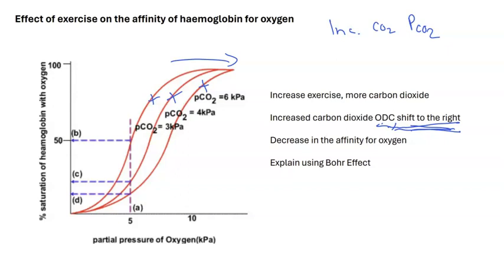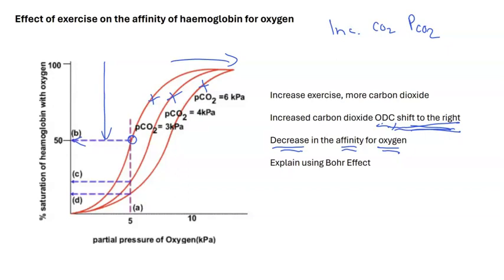The consequence of the shift of the oxygen dissociation curve to the right is a decrease in the affinity for oxygen. Let's see that in the graph. So with 3 kilopascals here of carbon dioxide, then we would expect to get 50% unloading of oxygen.